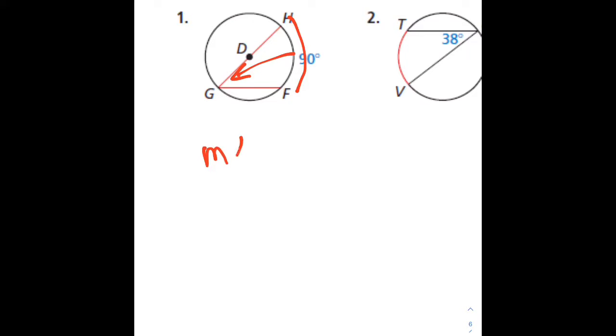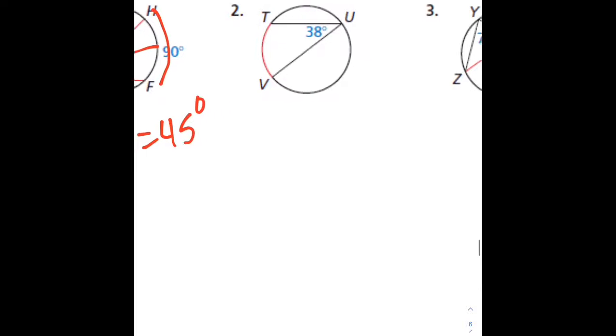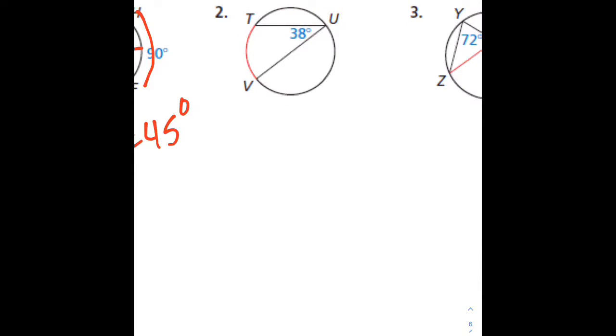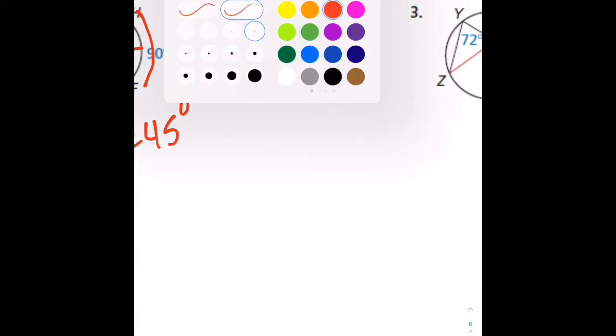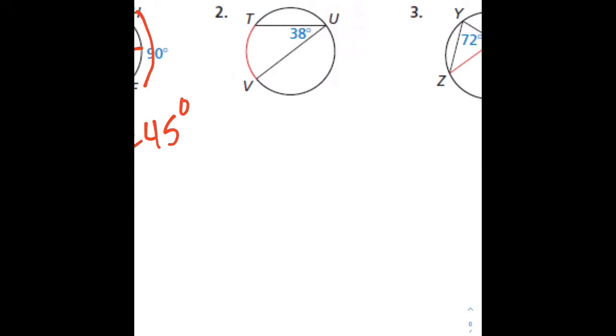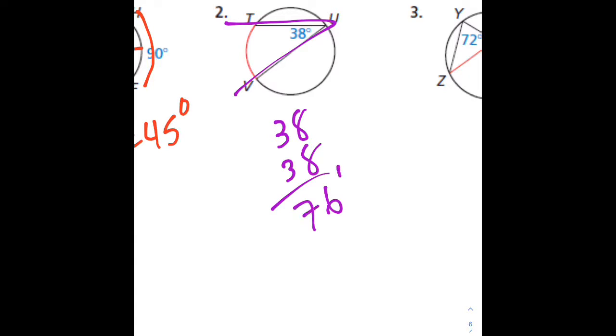So the measure of angle G is going to be 45 degrees. On problem 2, this time they gave you the angle measurement and they want the arc. So that means I have to double it. So the measure of arc TV is 76 degrees.